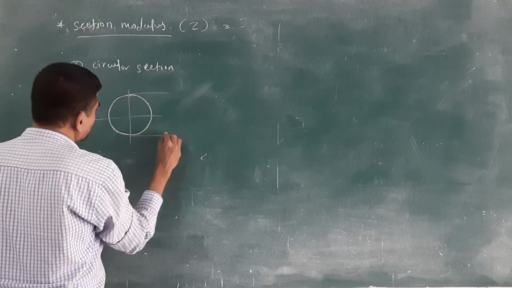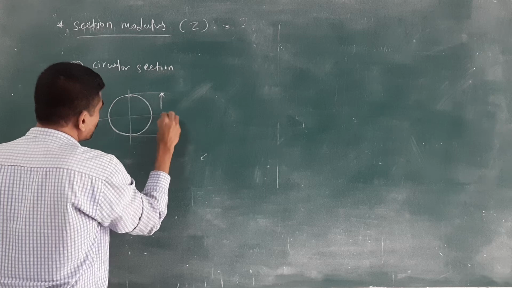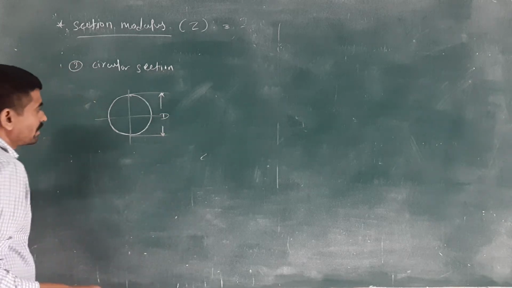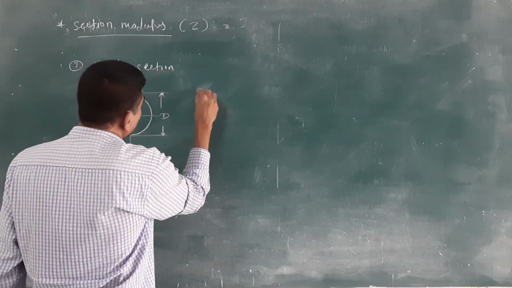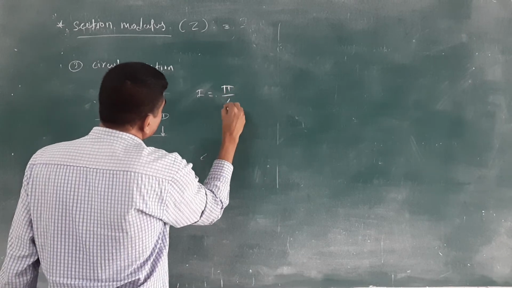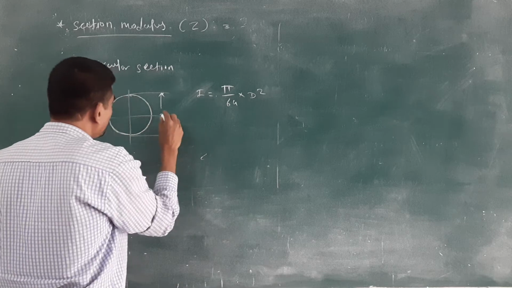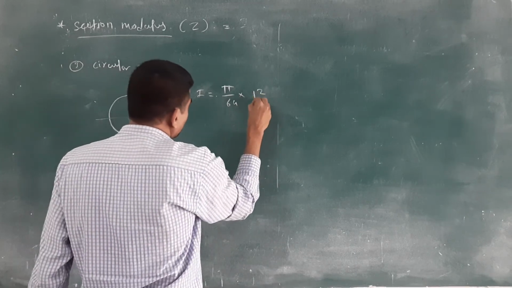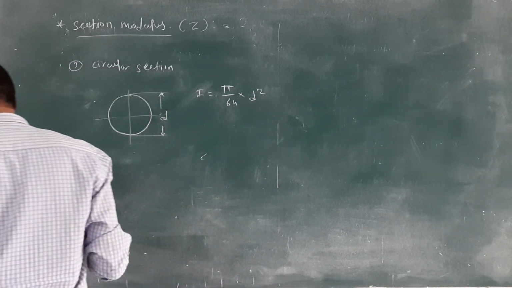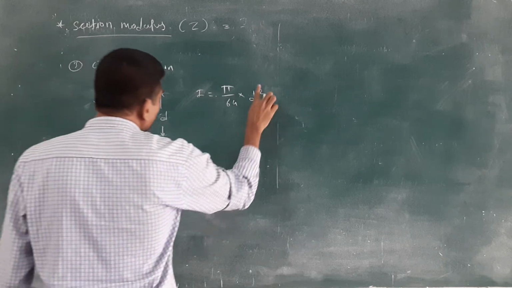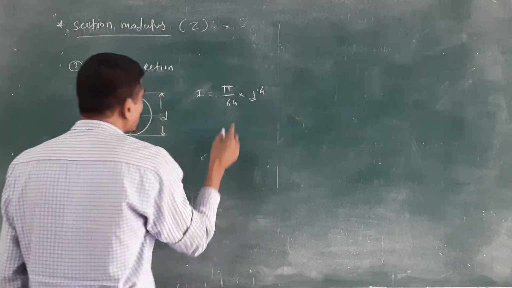This is the diameter of the given circular section. I is equal to pi by 64 into d raised to 4, not square.